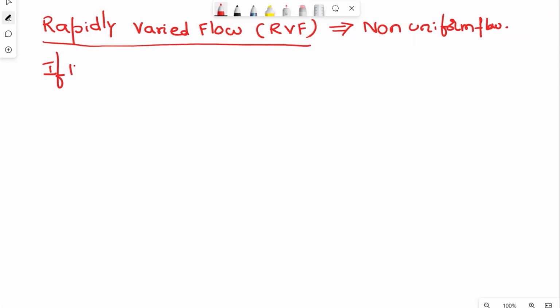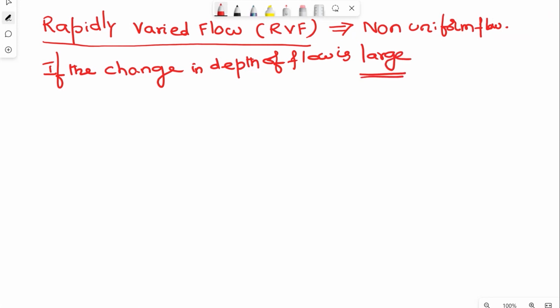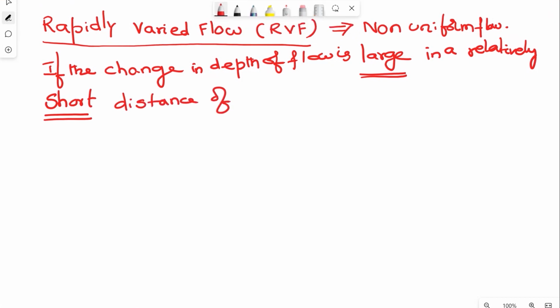If the change in depth of flow is large, this is a very, very important word, in a relatively short distance of the channel, the flow is called rapidly varied.